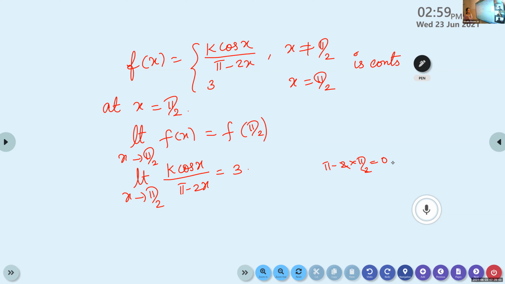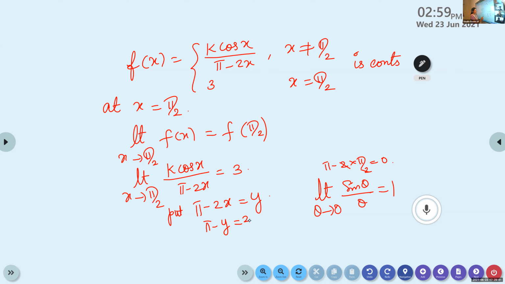So here, we are going to find the limit using the property limit theta tending to 0 of sine theta by theta is equal to 1. For using this property, the denominator is becoming 0, so we can substitute. I'm going to put pi minus 2x is equal to y. So pi minus y is equal to 2x.